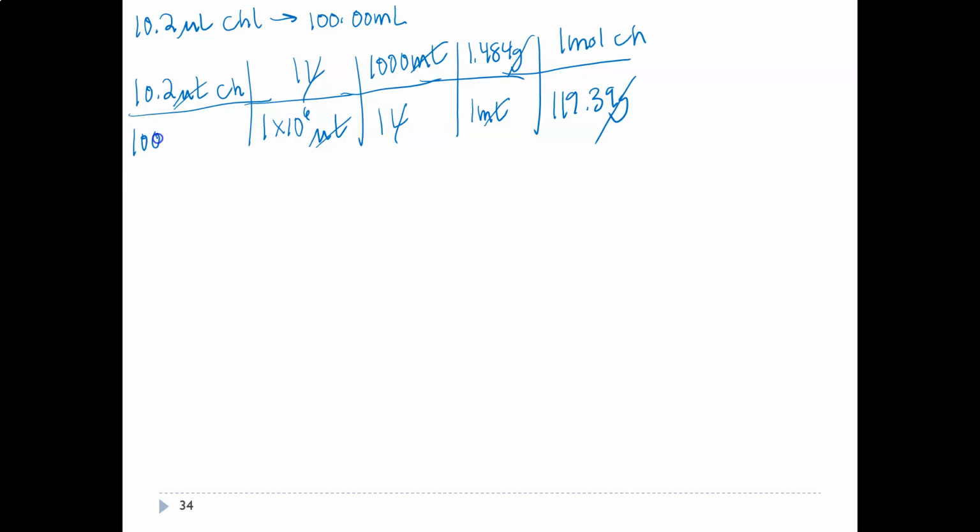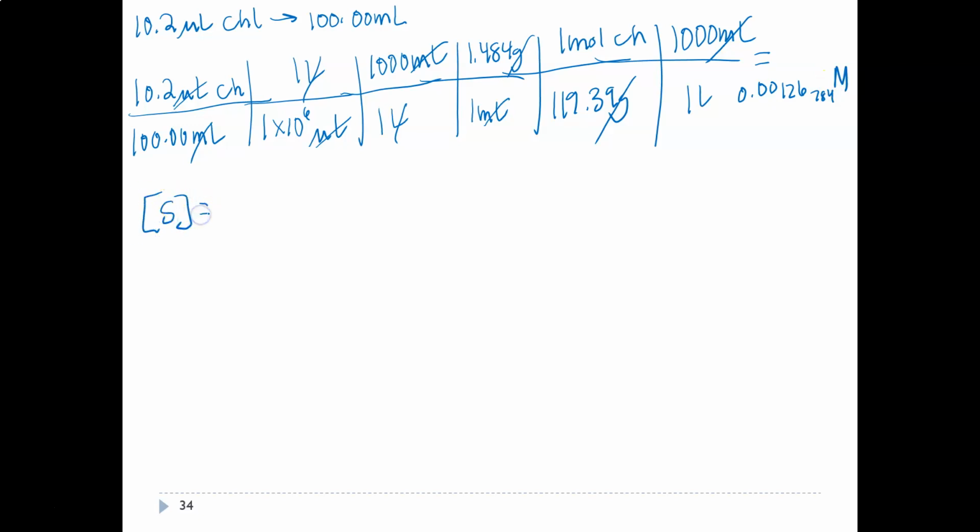So my total was 100.00 milliliters. So what I'm just going to do, use this entire side, is convert milliliters to liters. And what we have here is 0.00126784 molarity. So all that work, what we just got was the molarity of S.